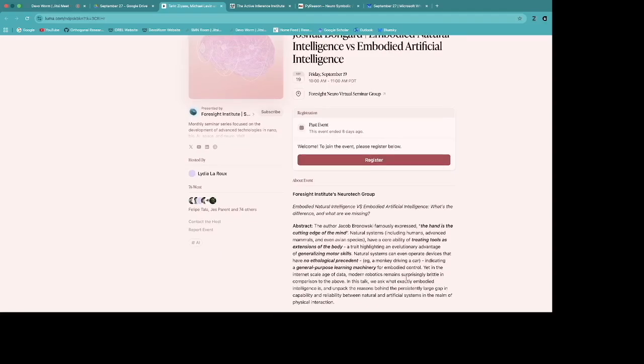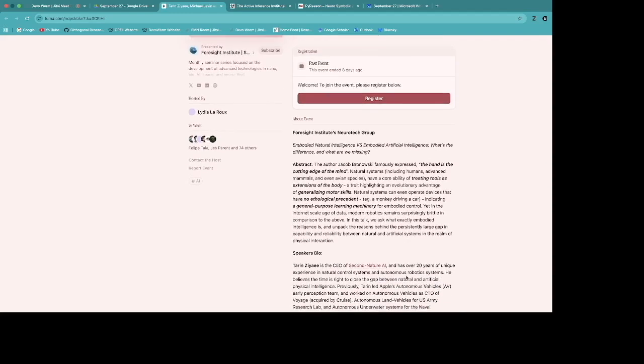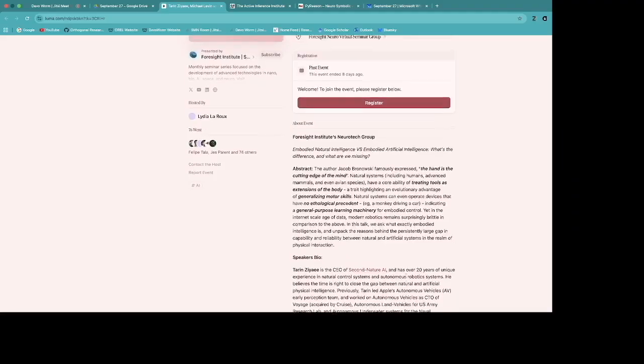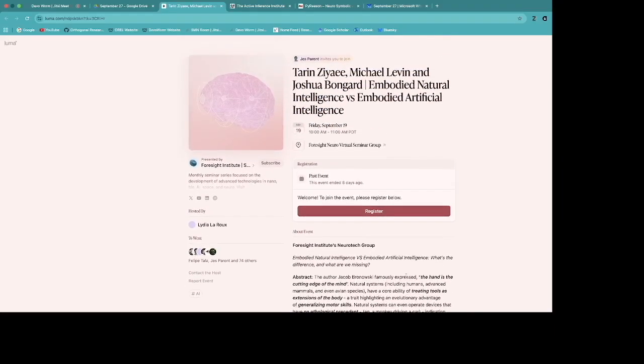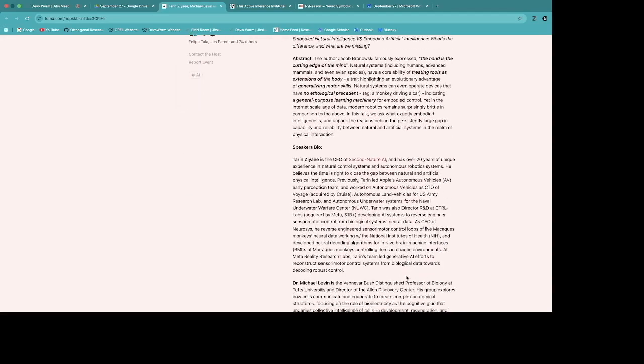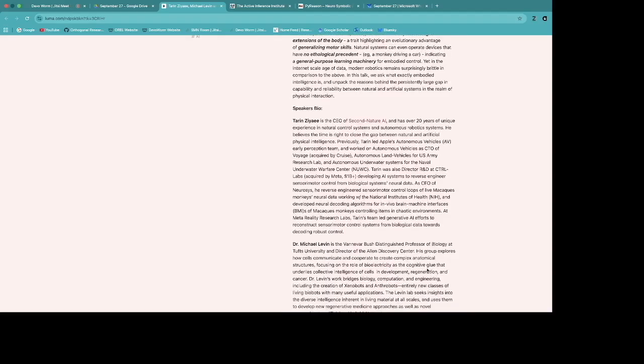But the other thing is that it's interesting to see how they're approaching some of this work. So, of course, there's this interest in taking what we know about natural intelligence and embodiment and replicating it as embodied artificial intelligence. So this is the description here.